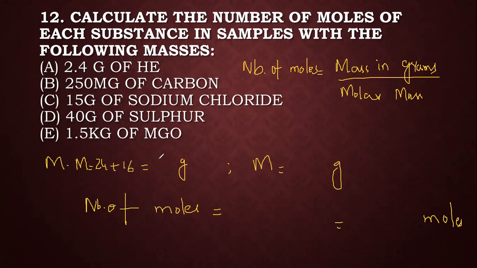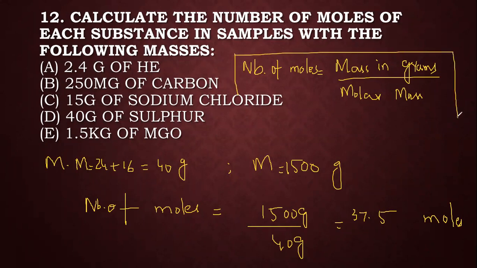So magnesium oxide must be 40 grams, and 1.5 kg means 1500 grams. So its value is equal to 1500 grams divided by 40 grams, so it equals 37.5 moles. So the general formula is number of moles equals mass in grams divided by molar mass. So this is the simplest case.